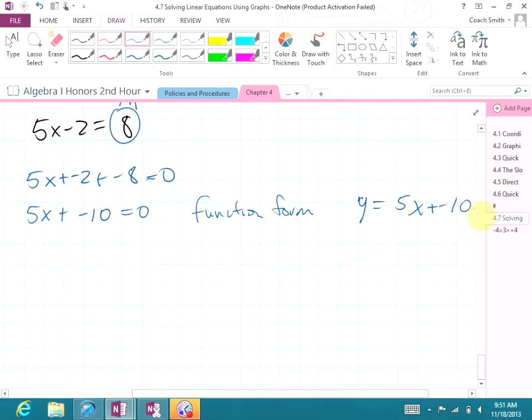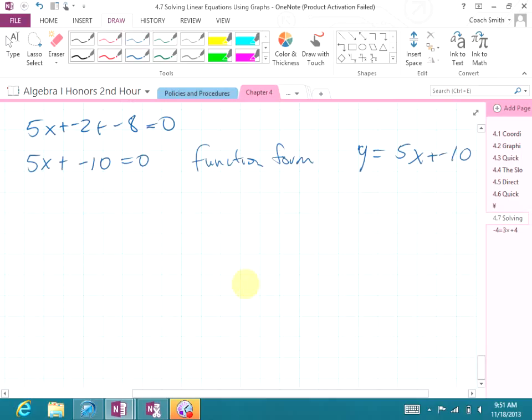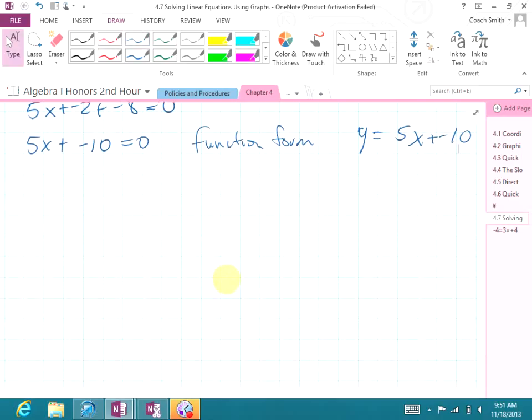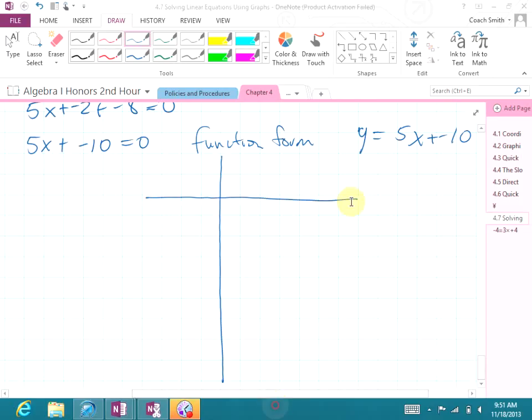Now, they want you to solve it graphically. So that means they want me to go ahead and put on here okay, so I'm going to make these 2, 4, 6, 8, 10, 2, 4, 6, 8.